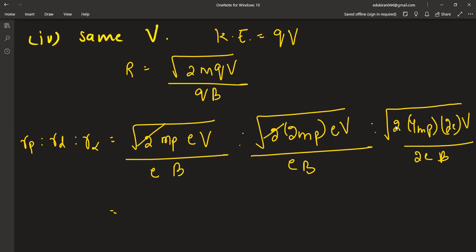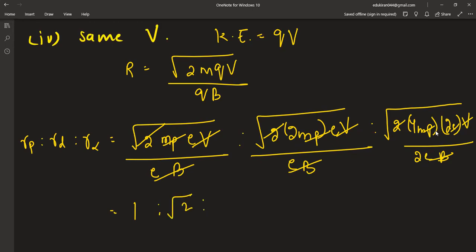Root 2, root 2, root 2 cancelled. MP, MP, MP cancelled. EV, EV, EV cancelled. EB, EB, EB cancelled. From here, what are we left with? Nothing. 1. From here, this root 2, right? Root 2. Rest of it were cancelled.